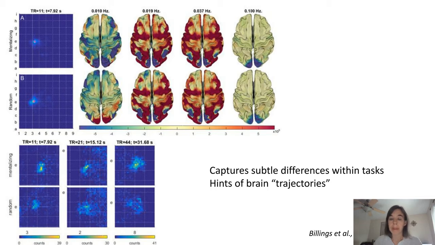We can see slight deviations as the task progresses in the probability distribution for those two types. If we look at the brain states shown at the top right, the main difference between the two is in the very low frequencies in the visual cortex. But this pattern of progression across the latent space, at the bottom left, gives us a hint that there might be trajectories in the brain.